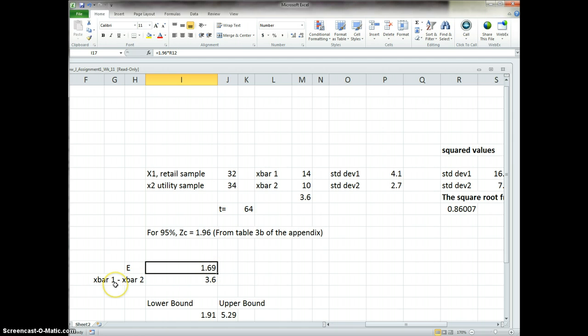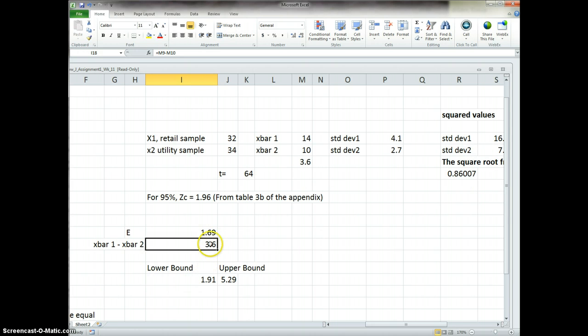So you're going to add that to what you figured out here, which is, the two sample means, subtract them and see what you get. You get 3.6 when you do the first sample mean minus the second. So you're going to take 3.6 and add the error of estimation to get the upper bound, and then take 3.6 minus the error to get the lower bound.